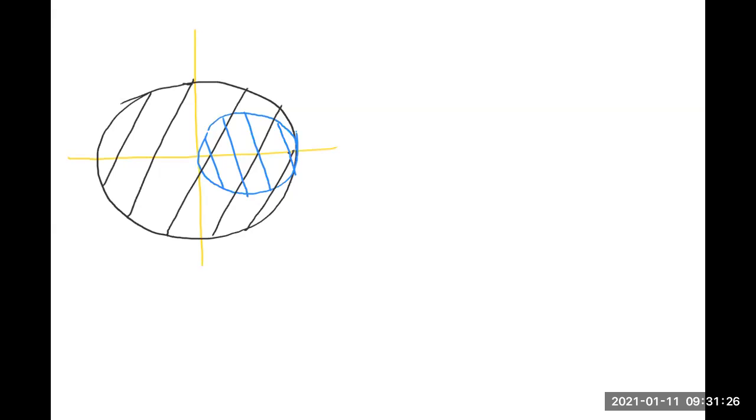So the coordinates of the center of mass of the solid sphere of radius 2r are 0, 0, and the coordinates of the center of mass of the solid blue sphere are r, 0.